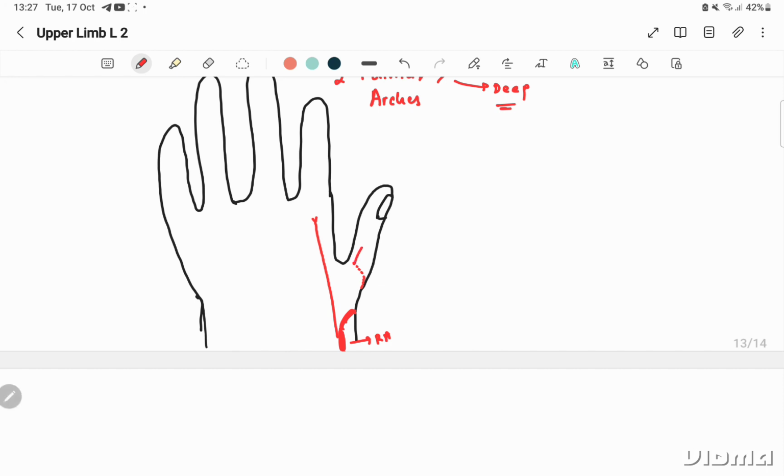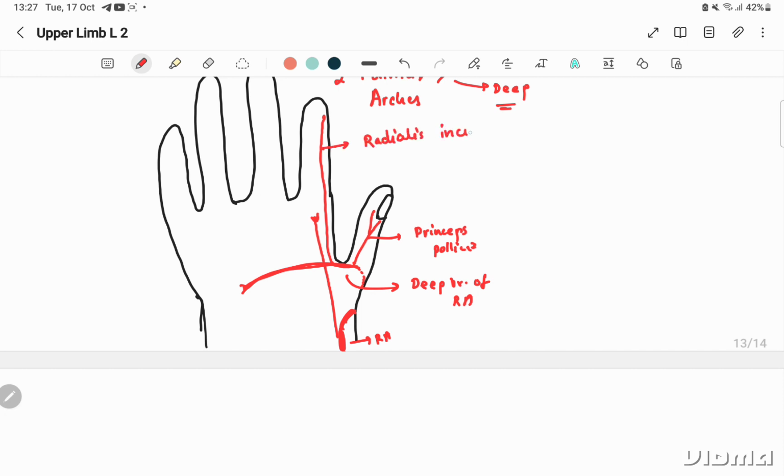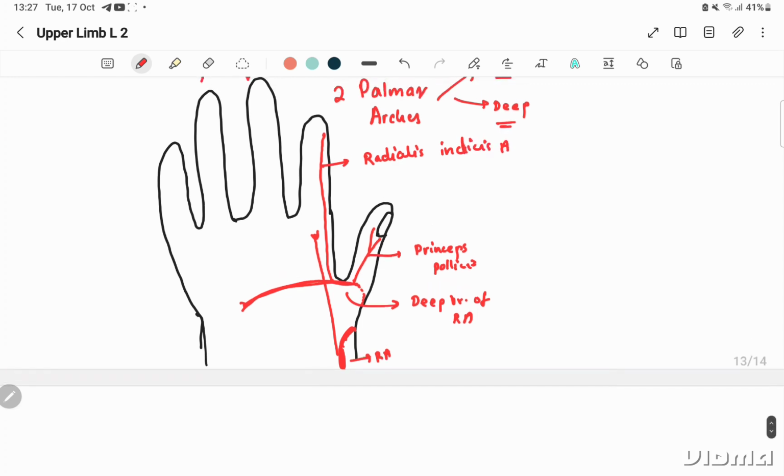It will come over here and would form the princeps pollicis artery, and it would give a branch, that is the deep branch of radial artery. This is the superficial branch of radial artery. The deep branch would give a branch to the index finger, that is called as radialis indicis artery. Okay, understood? So this is the whole supply of your radial artery.